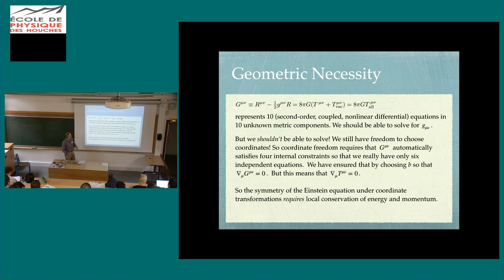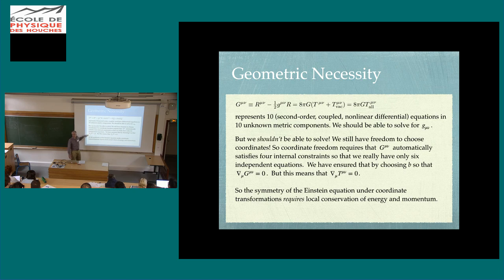But we don't have the ability to determine the coordinate system, because this equation automatically solves for equations of constraint because of this. Okay? And so I've really only got 6 independent equations.